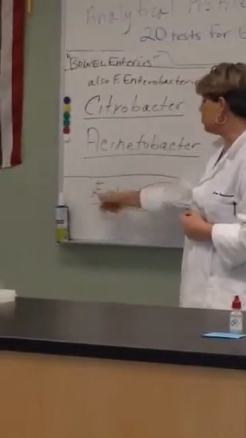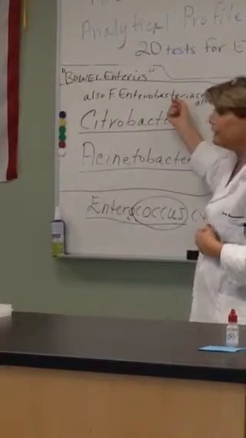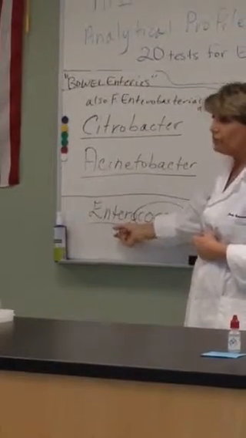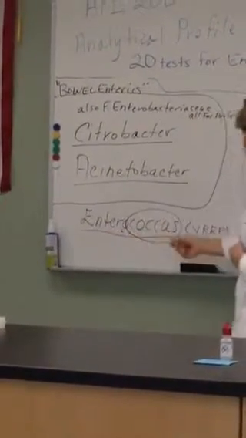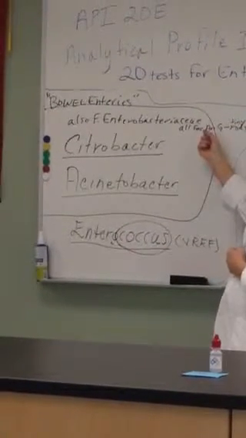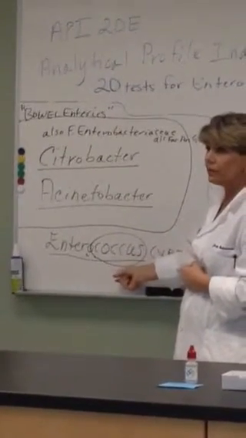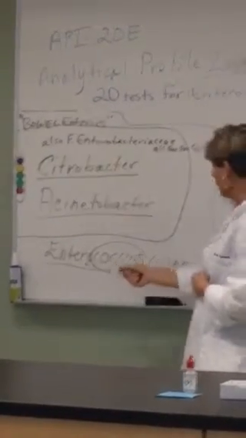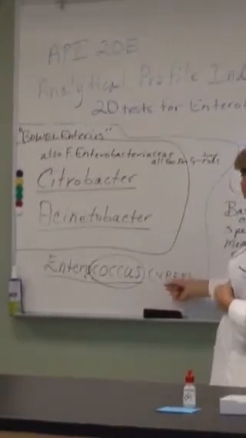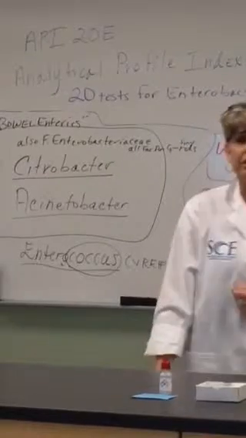It also has entero in the name. It's not in the Enterobacteriaceae family, but it is in your bowels, and it's a coccus, gram-positive coccus. It's not a facultatively anaerobic gram-negative rod. It's a mostly anaerobic streptococcus, right? And VREF, vancomycin-resistant Enterococcus faecium, or faecalis.